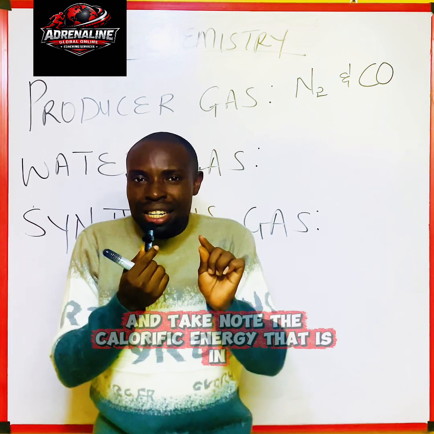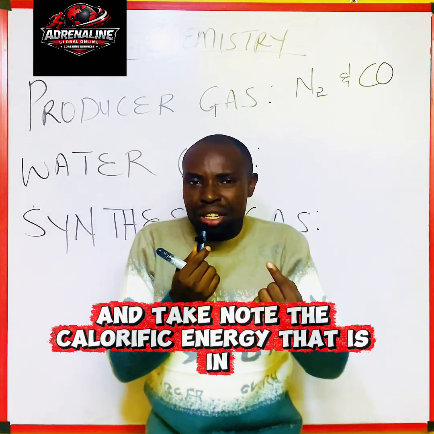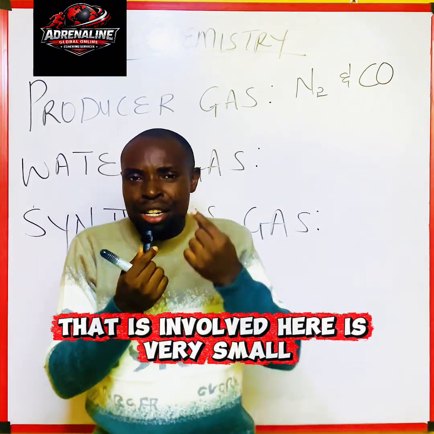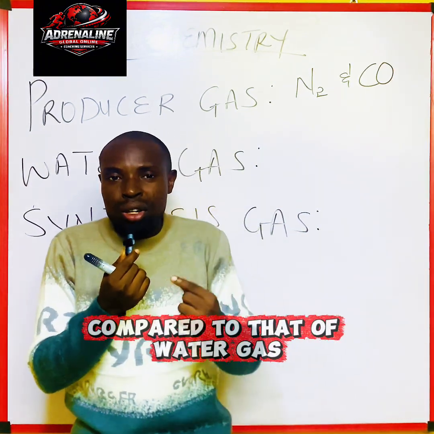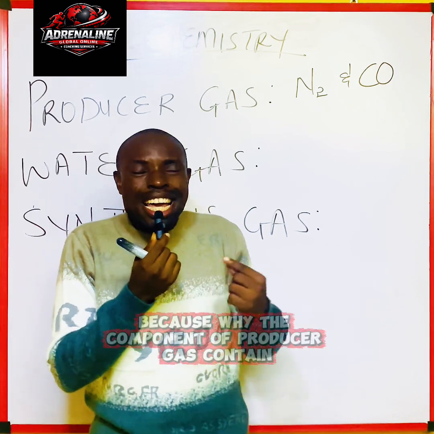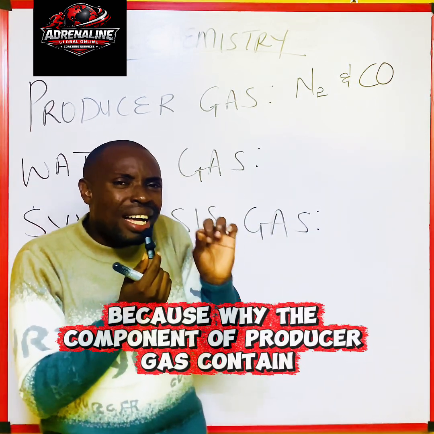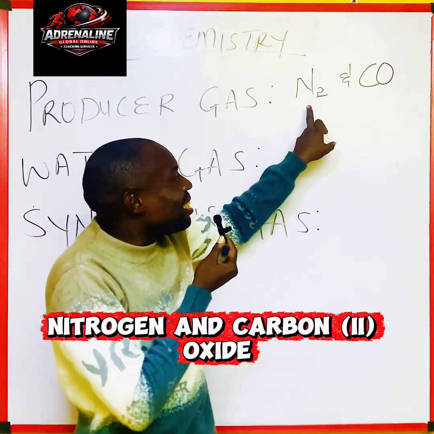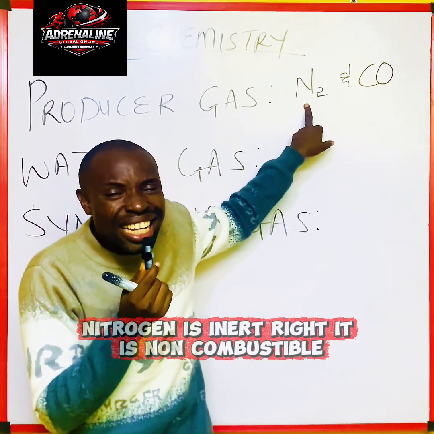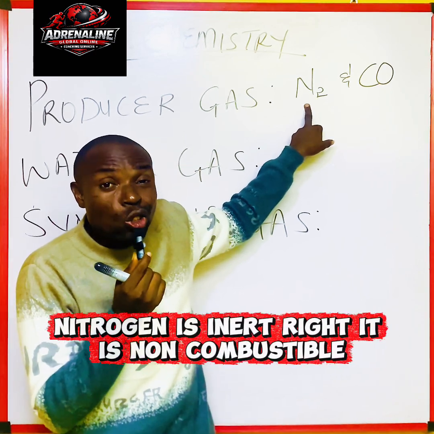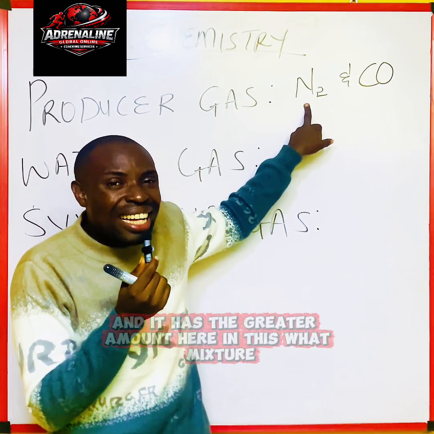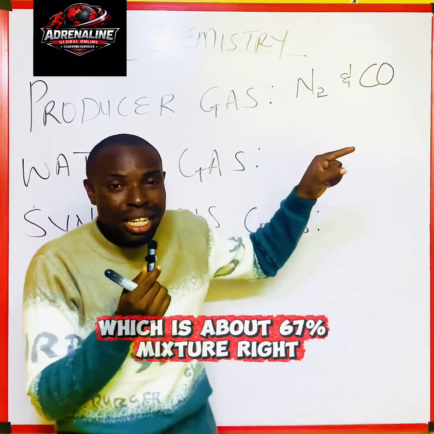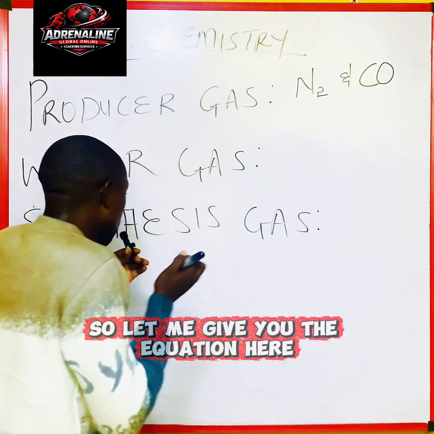And take note, the calorific energy that is involved here is very small compared to that of water gas. Because why? The components of producer gas contain nitrogen and carbon monoxide. Nitrogen is inert. It is non-combustible, and it has the greater amount in this mixture, which is about 67%.